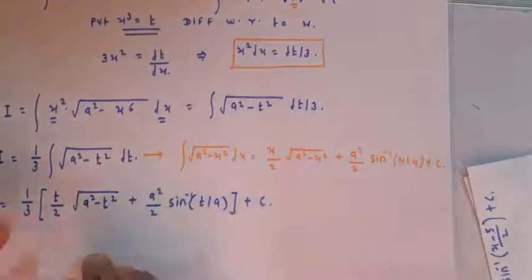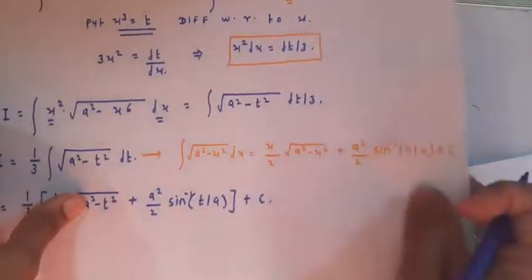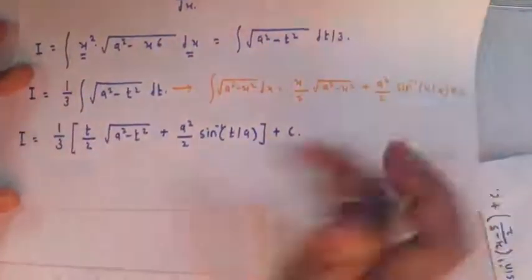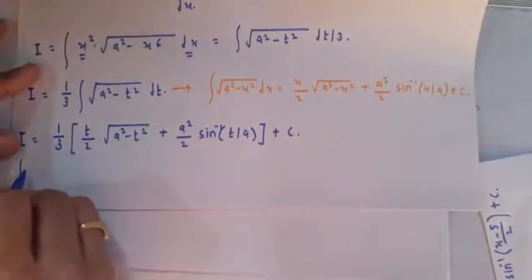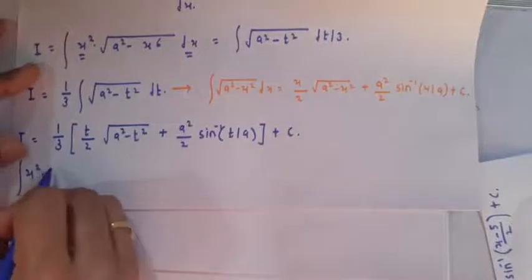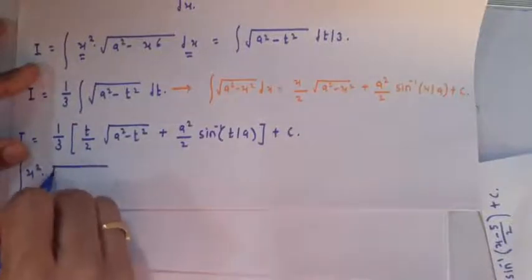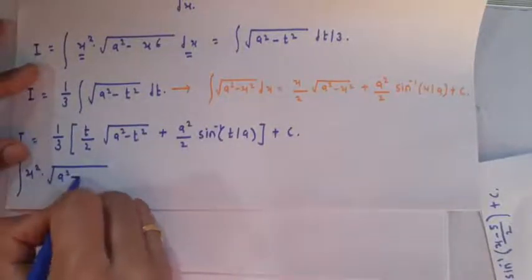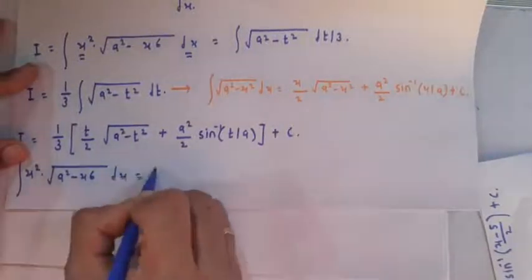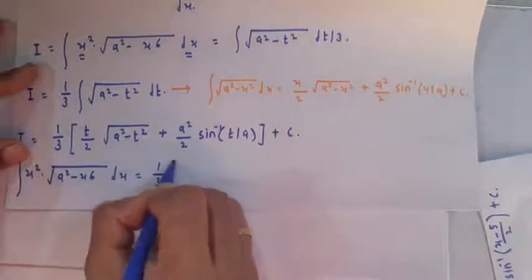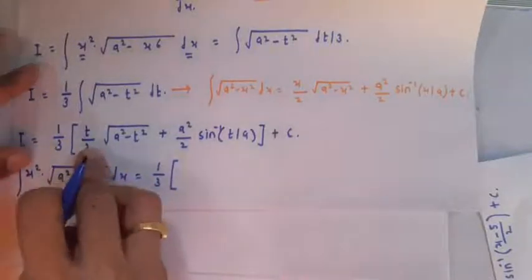Now resubstitute the value of t. Okay, now the integration of x square into square root of a square minus x raised to 6 with respect to x is 1 by 3. Resubstitute the value of t.